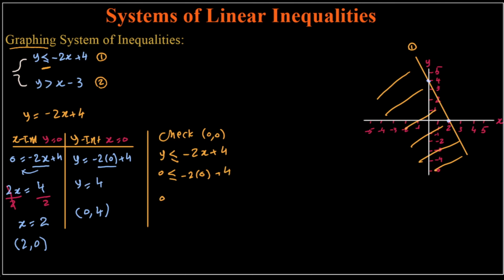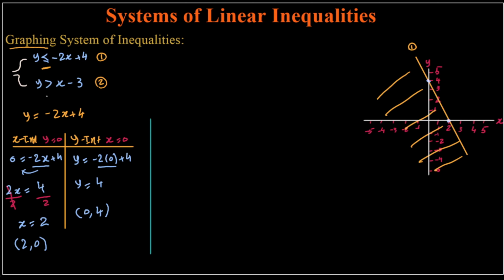So 0 is less than 4. Is this true? If it is true, this is a true answer. It means that the part where we have a 0 is included. If our result is not true, it means the other part is included, the one where we don't have a 0. But here our inequality is true, so the part where we have a 0 is included. This is how we use checking to find out.